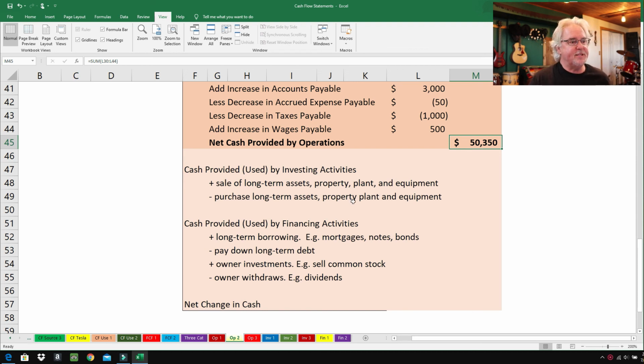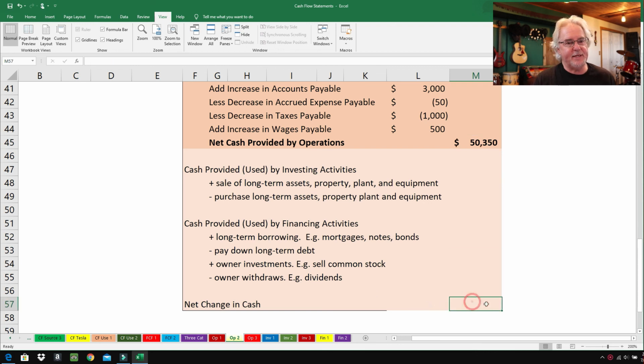So when we say investing activities, we mean investing in your business. Cash provided or used by financing activities, these are long-term debt or owner transactions, like owner investments, selling common stock, and owner withdraws. And bottom line, you get the net change in cash.